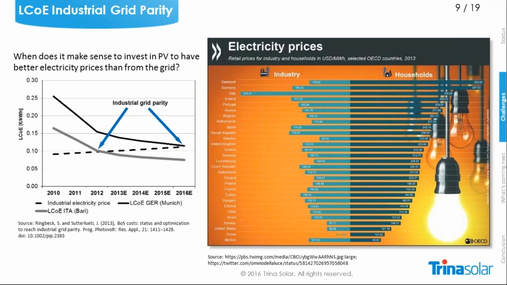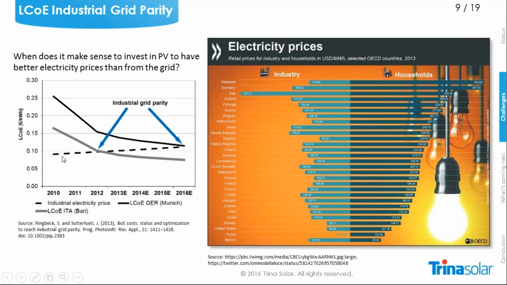And as we know, in most countries, even in northern European countries, grid parity with household electricity is already achieved. If you now take a look at the graph, in the diagram for industrial, you see that the cost for industrial electricity is quite different from country to country, and usually much lower than for households.